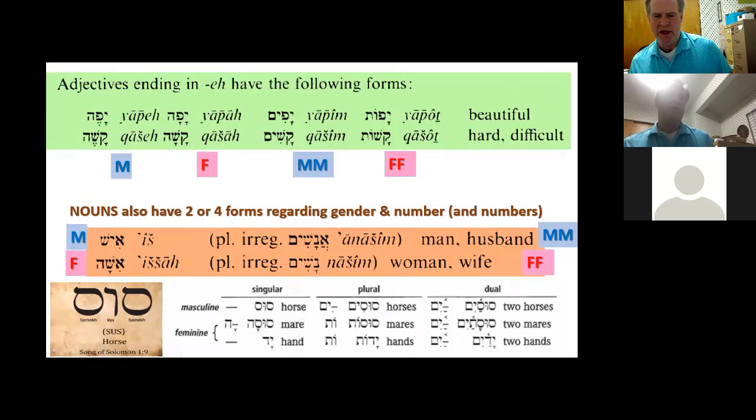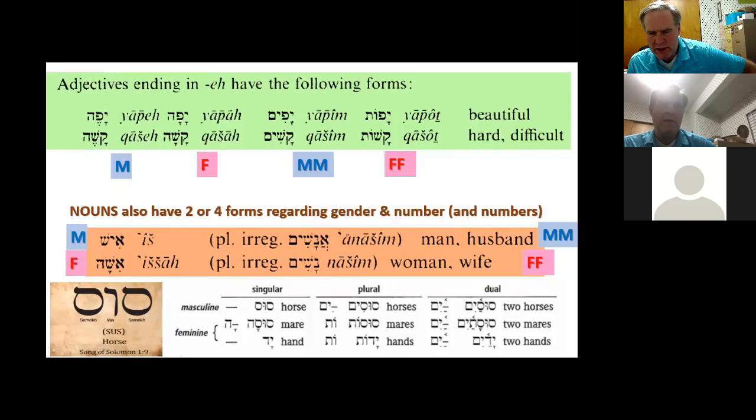Okay, same thing happens with, say, horse. Horse is just sus. For female, susa, that would be called a mare. Just add the hey and it would be susa. And this would be susim. So again, we read the samekh, then the next we read the vav with the dot in it.